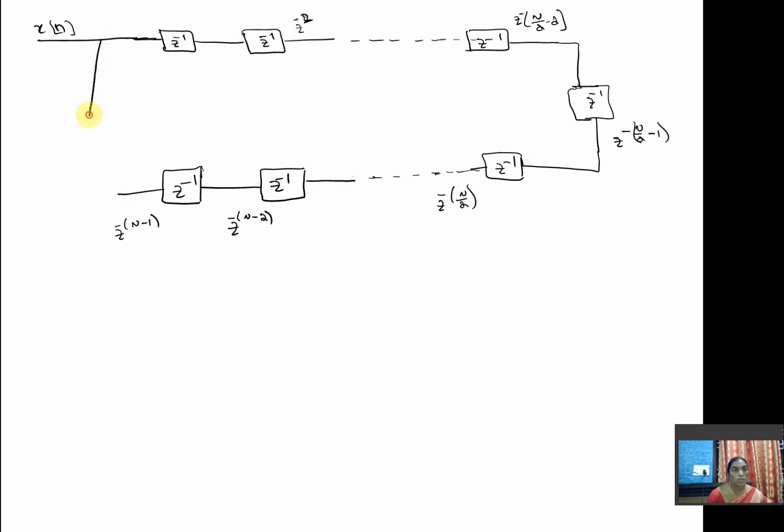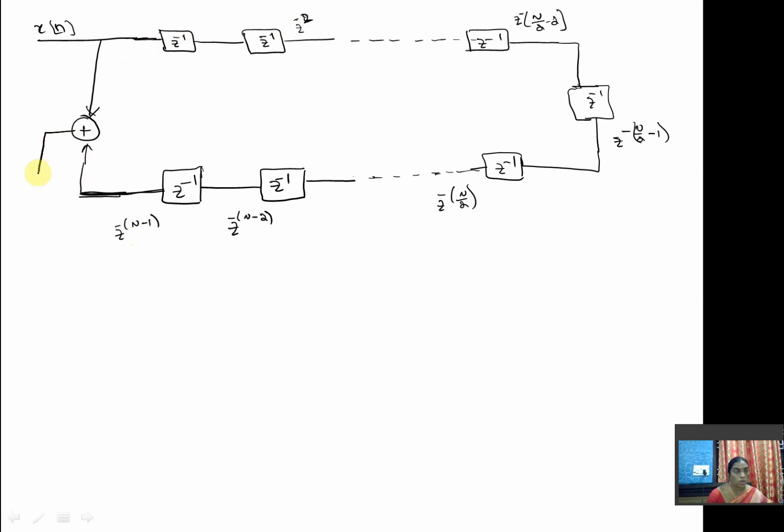Just add this one, use a summer like this. Okay, like this. What is the resultant one here? z power minus of n minus 1. Of course here x of z also there, then here is the x of z. If you take x of z common, 1 plus z power minus of n minus 1.